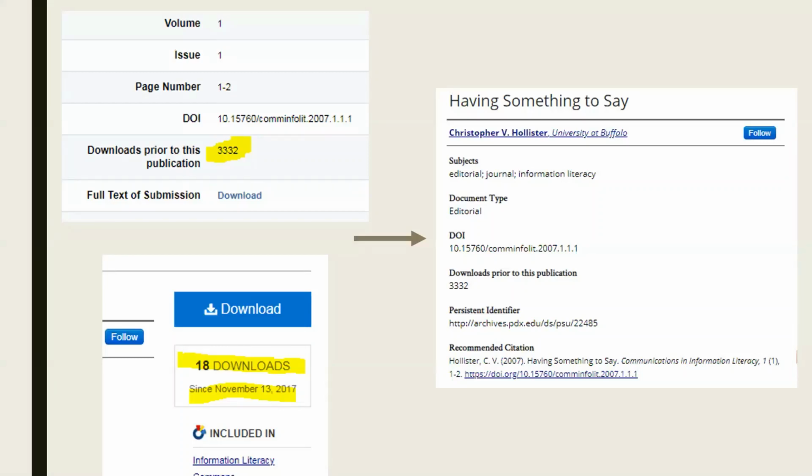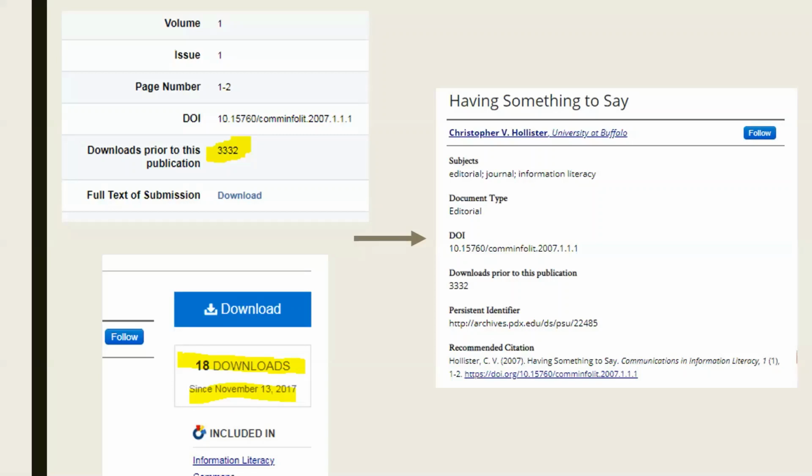Of course, when you move to a new platform, the counter essentially resets to 0. The new platform does not have any downloads for a new article that's just been migrated over. So what you see here on the left-hand side is from OJS, the original platform, at the top. It says downloads prior to this publication.